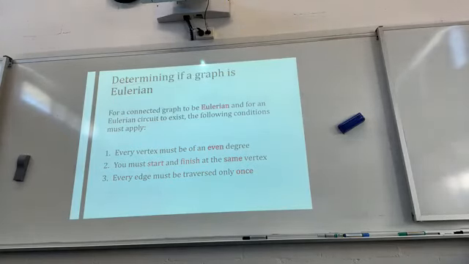All right, that's fine. All right, that's Eulerian graph. We'll do some examples in a few minutes. What we're going to do is look at semi-Eulerian in a few seconds.